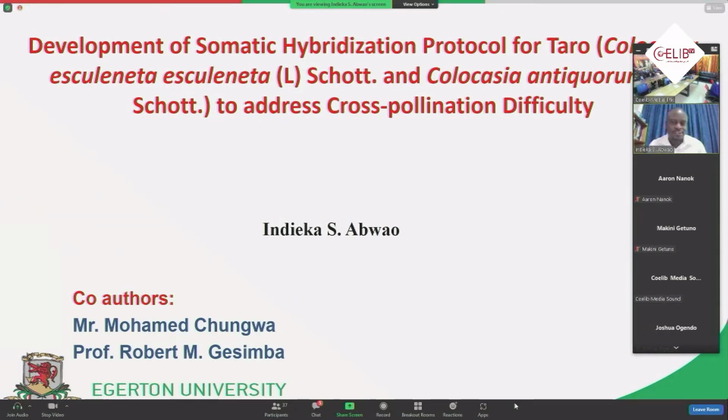within 12 minutes. Just to give you a quick background, this work is for an MSc student, Mr. Chungwa, who is being supervised by Professor Gesimba and I. He's a student at Egerton University, in the Crop, Horticulture and Soil Science Department.